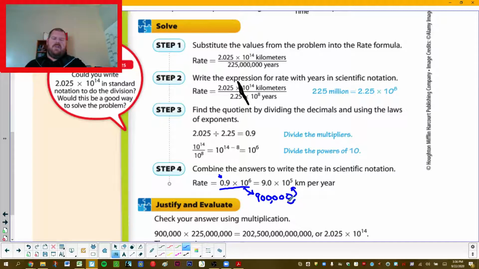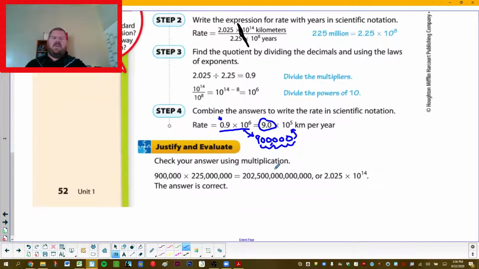If I think about moving that decimal back 3, 4, 5 times, it's going to be between the 9 and the 0 where I want it to be, making this a number between 1 and 10. So if you're unsure about how they did this, the easiest way is to turn this into standard notation and then back into scientific notation.